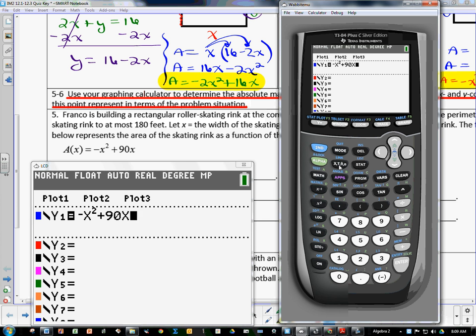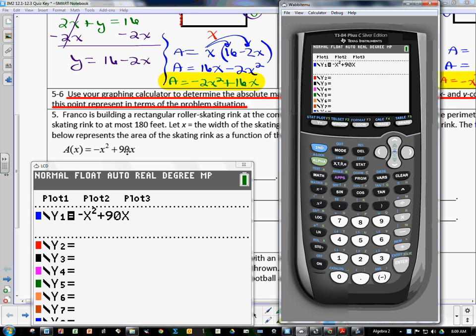And really they gave you the entire function to work with here. You really didn't have to do much thinking. They gave you the area in terms of X is equal to negative X squared plus 90X, all right? Maybe at some point you might have to come up with that and then answer these questions. But they're starting you off by giving you the function.